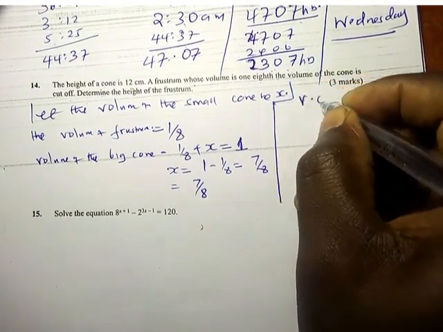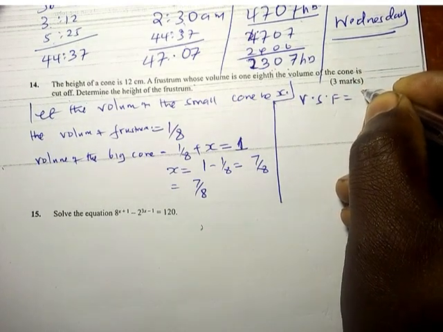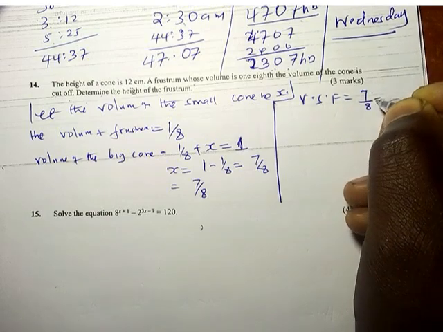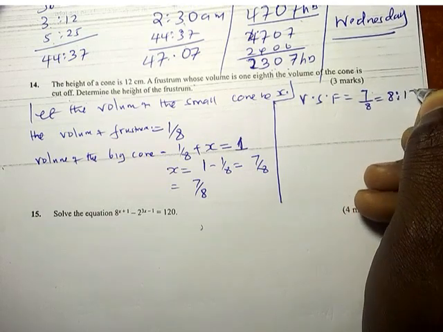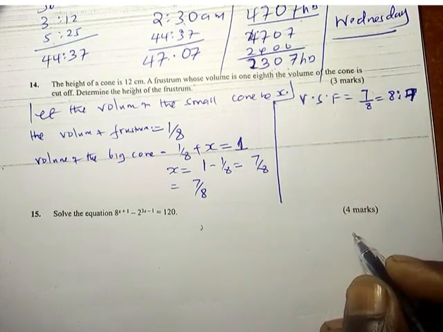So volume scale factor is equal to 7/8, which is the same as 8:7 in ratio form.